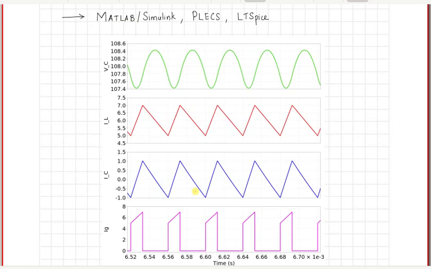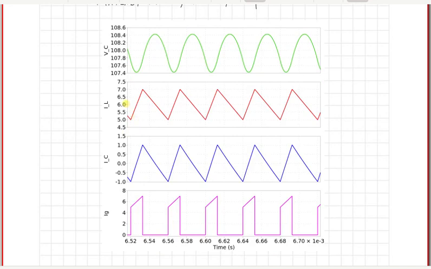So clearly you can see that as per our design, we have said that the output voltage ripple should be limited to 1 volt peak to peak, which seems to be the case here. It varies between 108.4 volts and 107.4 volts, and the average of this looks to be around 108 volts. Similarly, if you look at the inductor current, you can see that it goes from 5 amps to 7 amps.